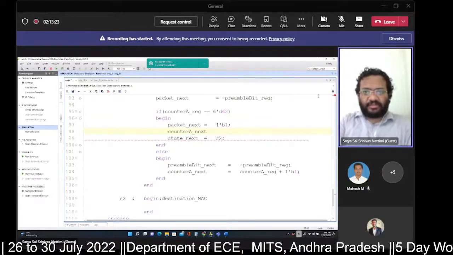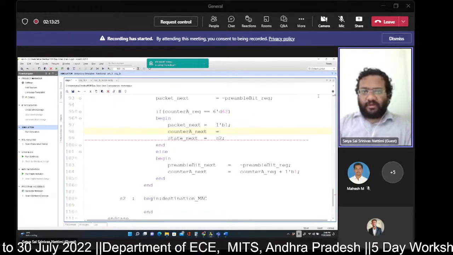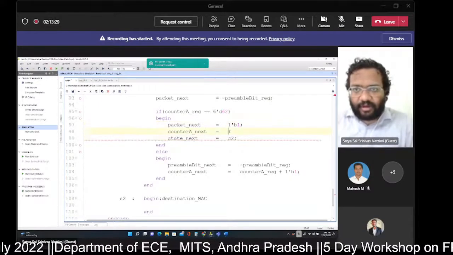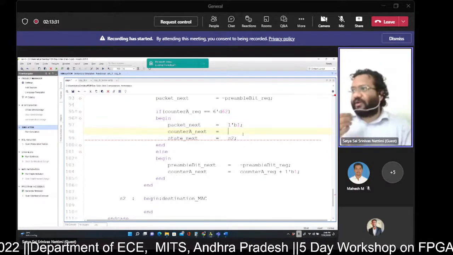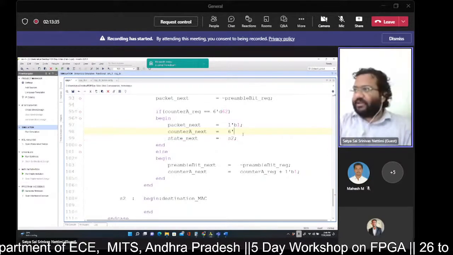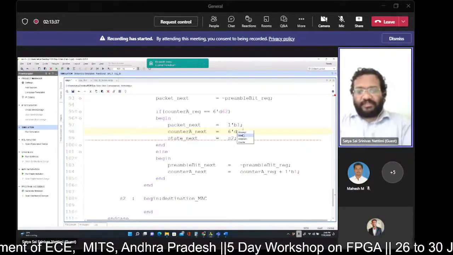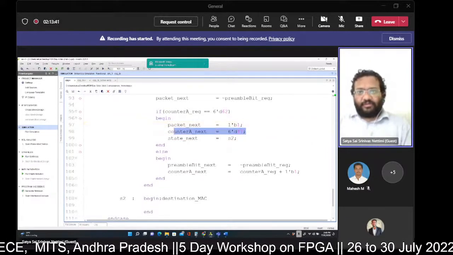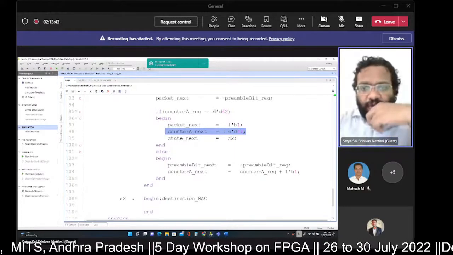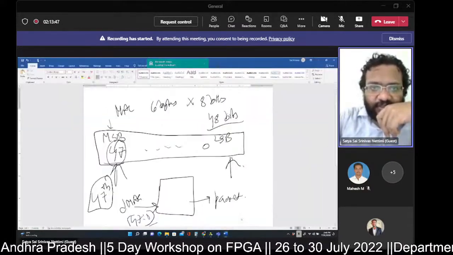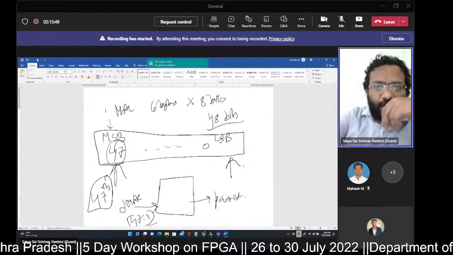This counter I am resetting to an intermediate value, that value is nothing but 6'd47. Why I reset it to the 47 position is that I want to point that counter.